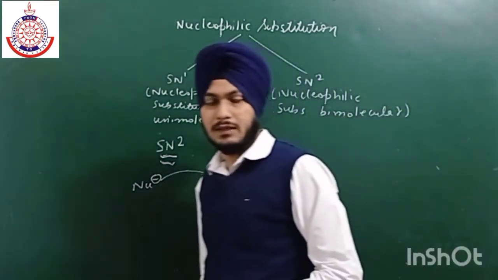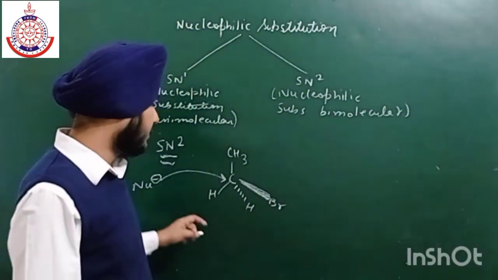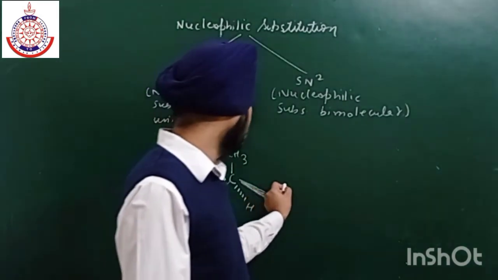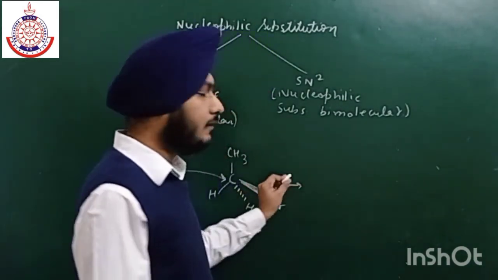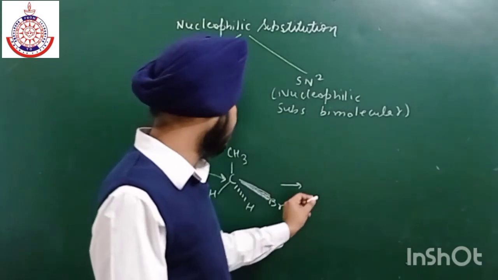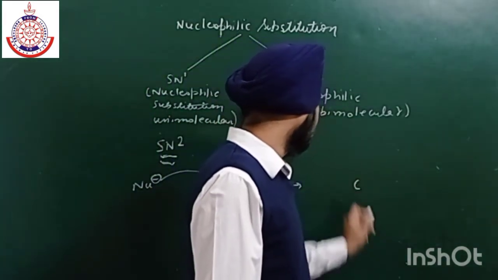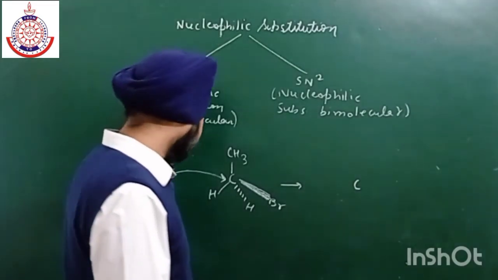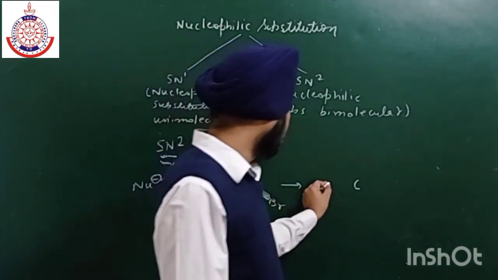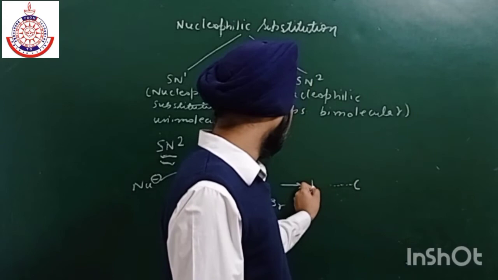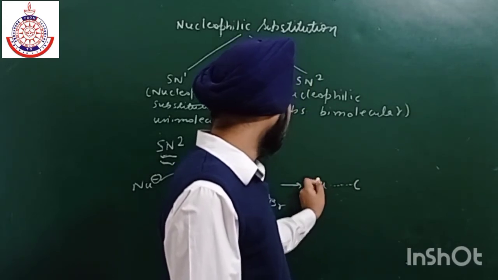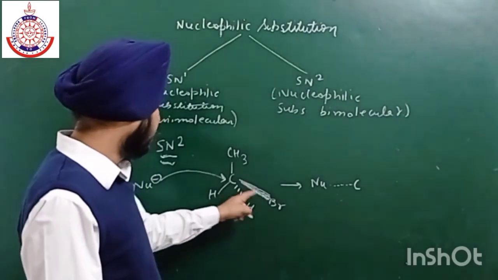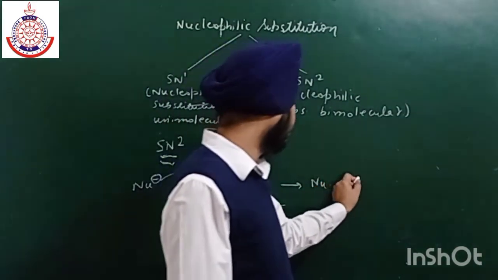Now a transition state forms, that is a pentavalent state, which is very unstable. So this carbon-nucleophile bond begins to form, and this bond starts breaking.